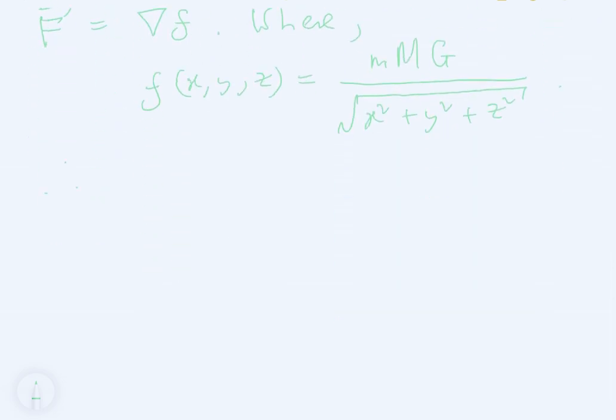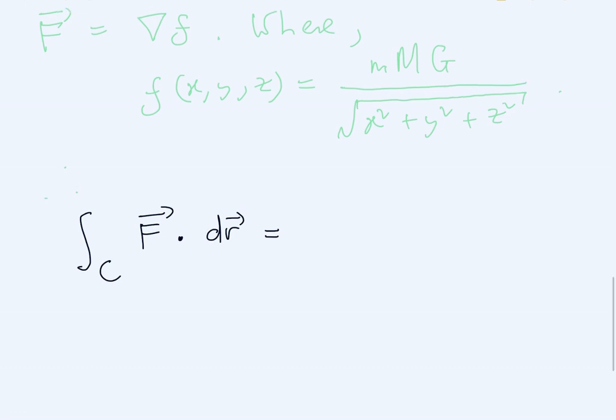We say therefore the integral along our smooth curve C of this vector field, which is of course the given gravitational field, is equal to the following. Since we know that F is a conservative field, this is the function f that we need for this problem.